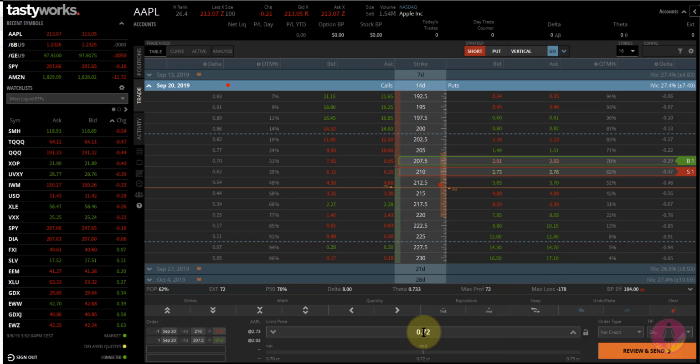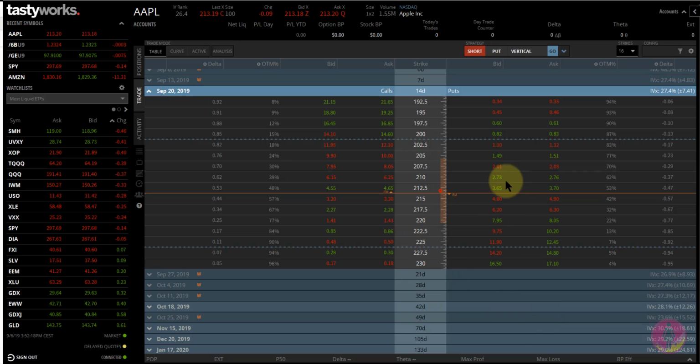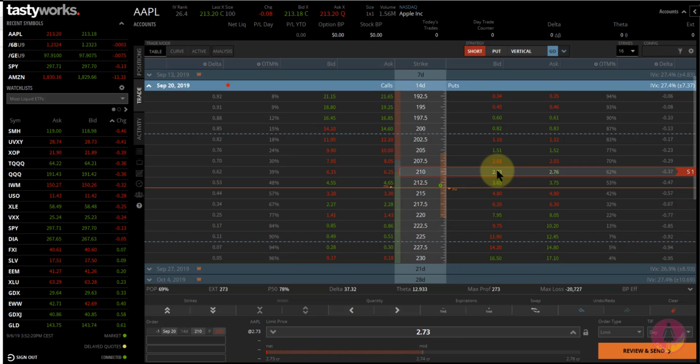My credit, as you can see, remember we receive a credit, is 72. Now this is called a defined trade. If I do this again and I clear this, if I just sell, then that is an undefined trade because I've got a huge amount of maximum loss.